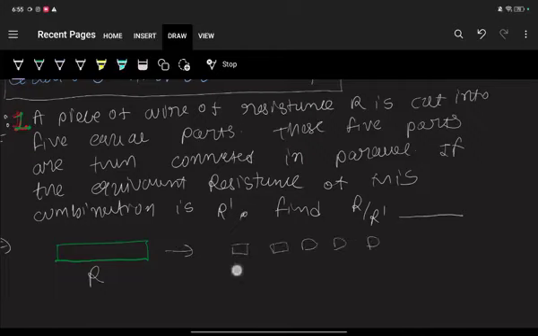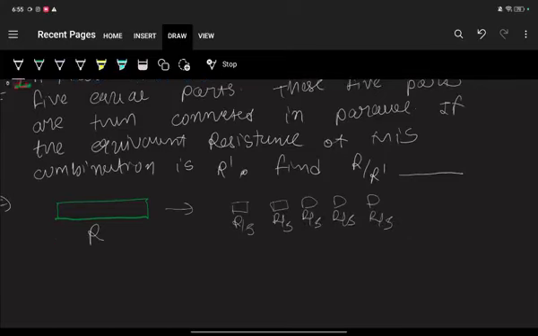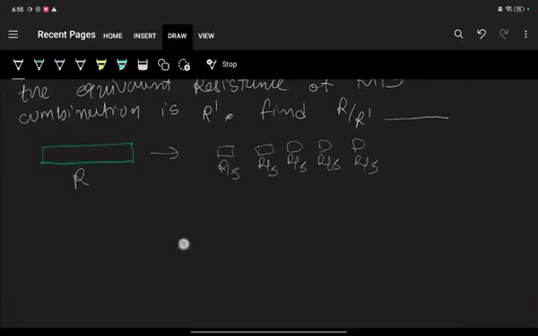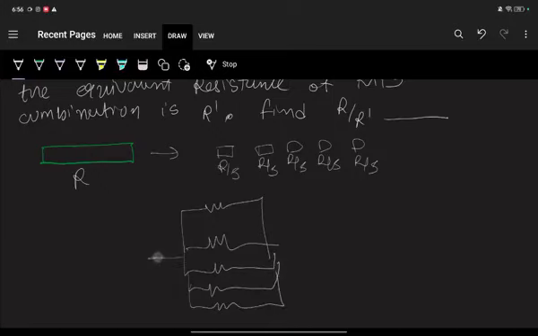So its resistance will be R by 5, R by 5, R by 5, R by 5, R by 5, because the question itself says that we cut this into equal parts, right? And then we connect it in parallel combination.